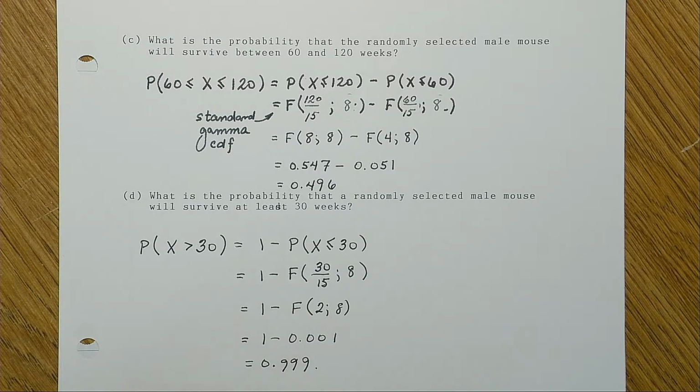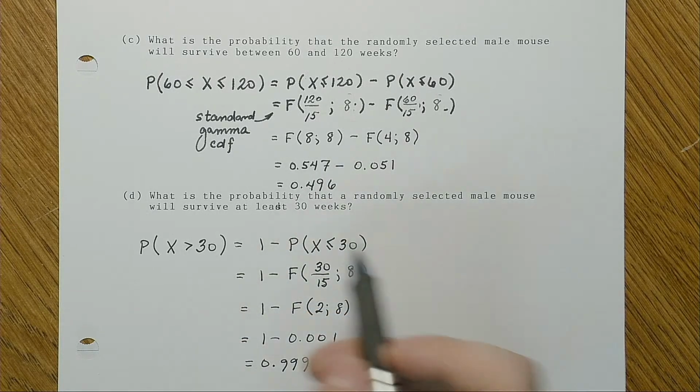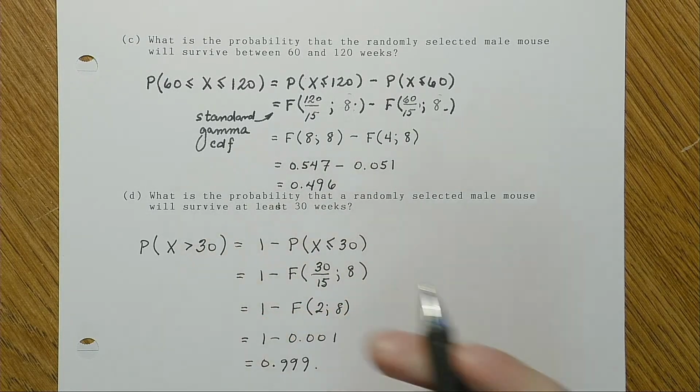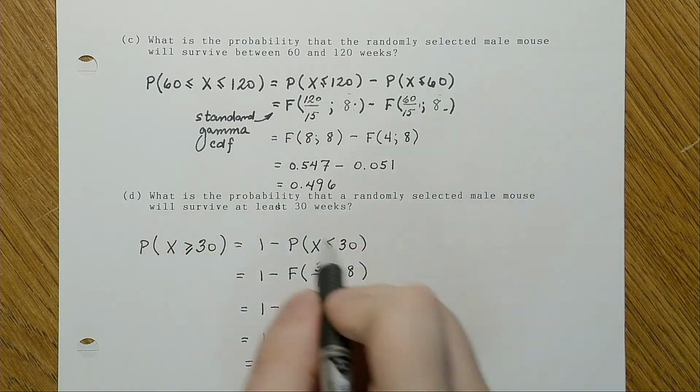That's a good question. If it says at least, should it be greater than or equal to? I am a little sloppy when it comes to continuous random variables. Because it's at least 30 weeks, yes, I could write it like this, and this still holds.